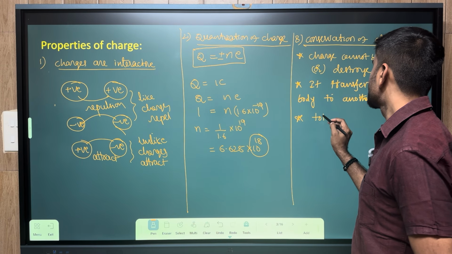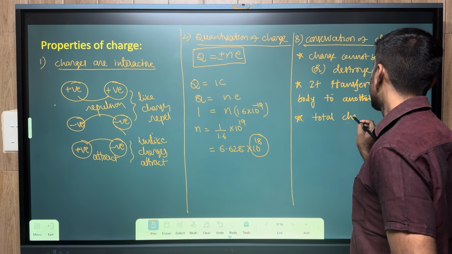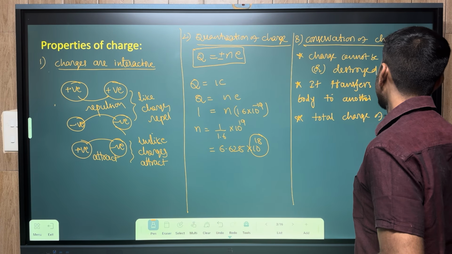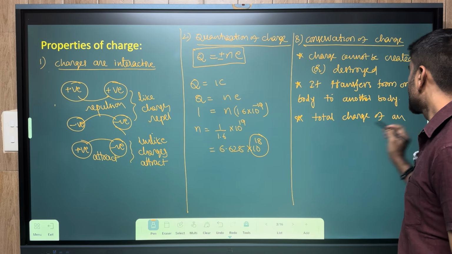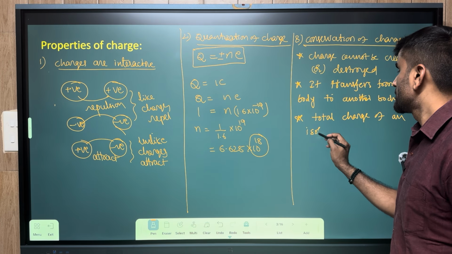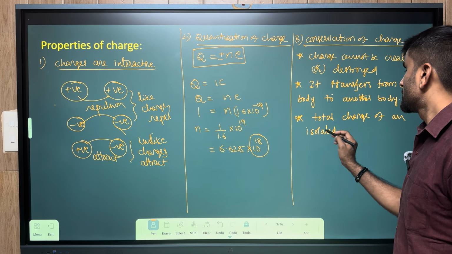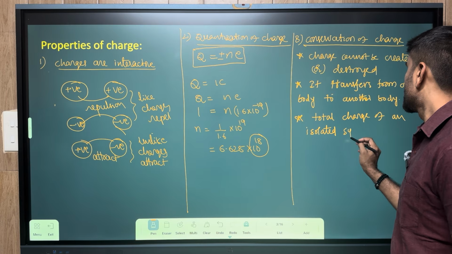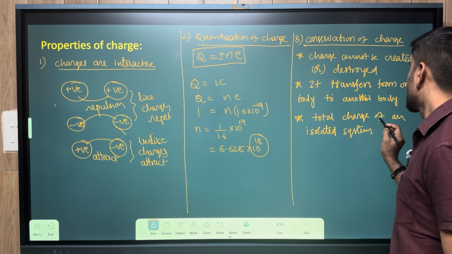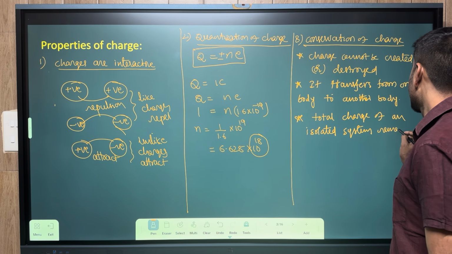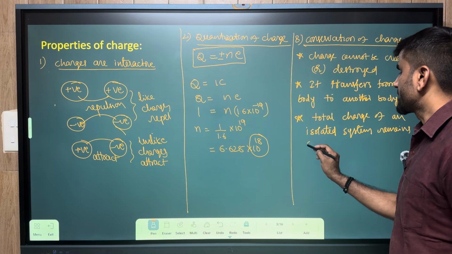Total charge of an isolated system remains constant.